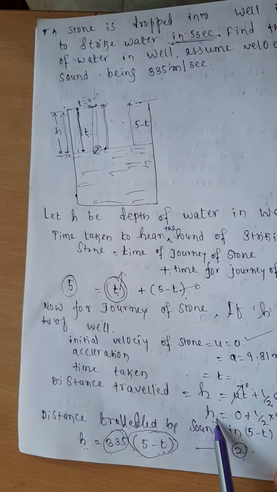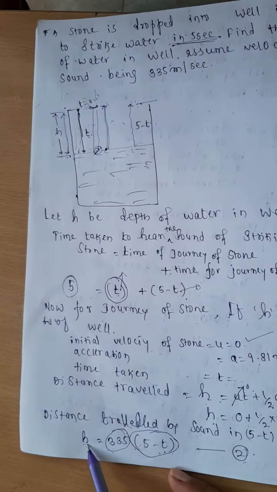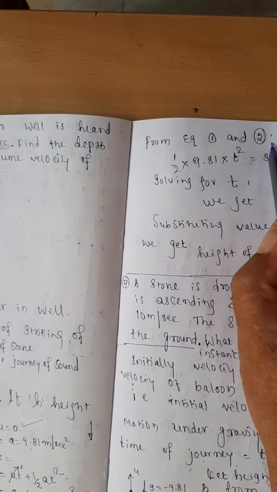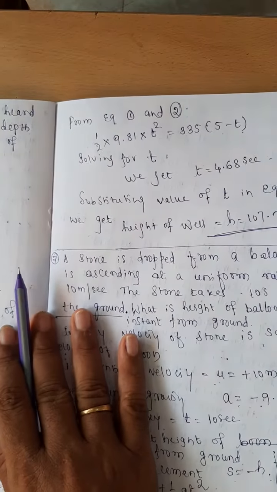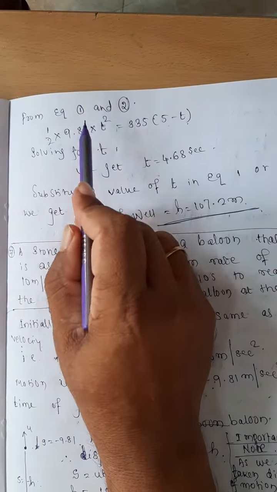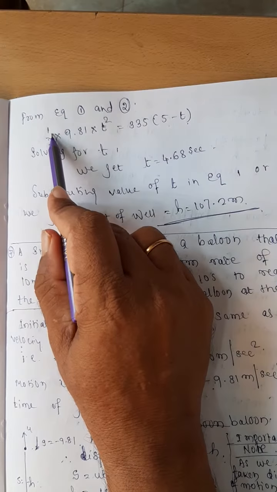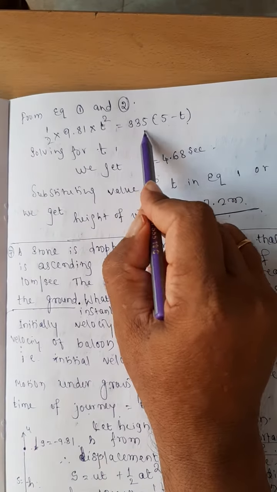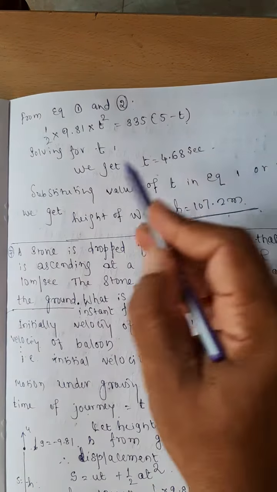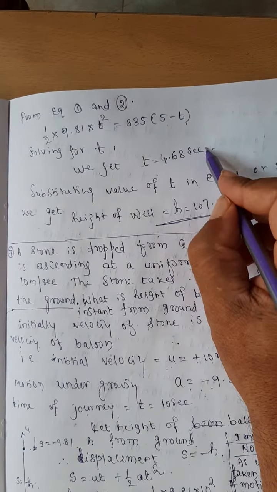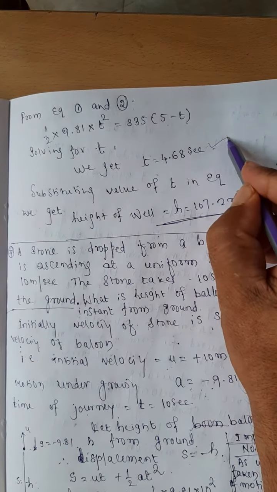Yes, equation 1 is giving me the h, equation 2 is also giving me the h. Equate both the equations. From equation 1 and 2, half into 9.81 into t square is equal to 335 into 5 minus t. Therefore, solving for t, you will get t is equal to 4.68 seconds. What was the t?